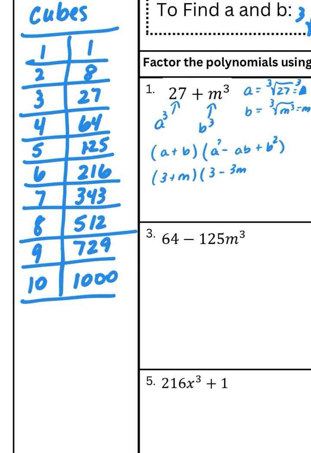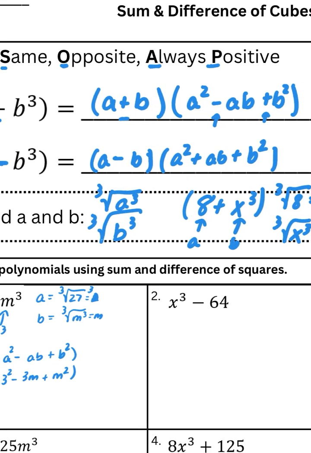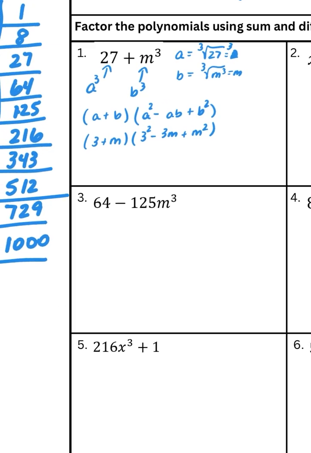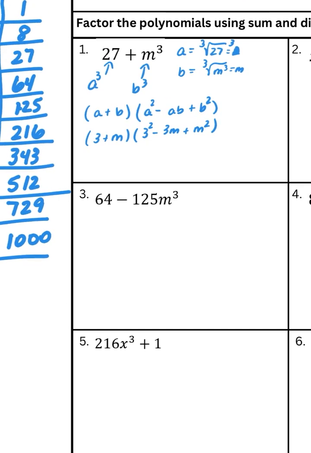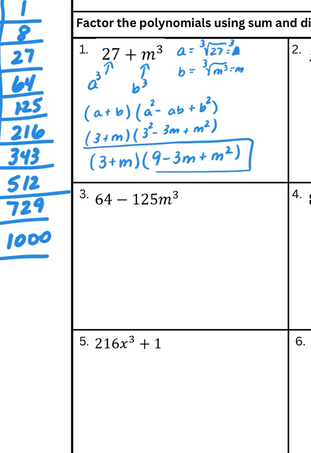Oh, sorry, this should be A squared. My bad. A squared is 9, AB is 3m, and then B squared is m squared. Did I write the formula right? Yes, okay. Sorry about that. So my answer is 3 plus m times 9 minus 3m plus m squared. And that is my answer.